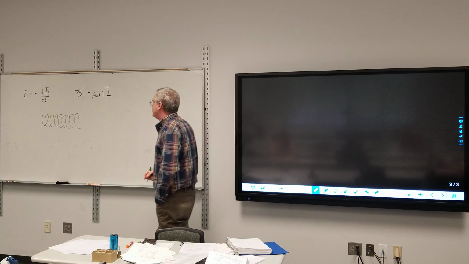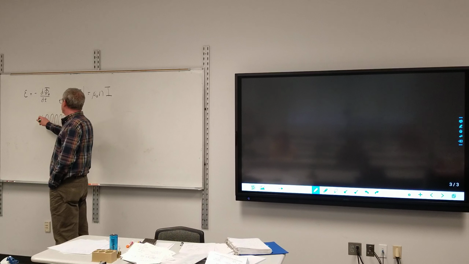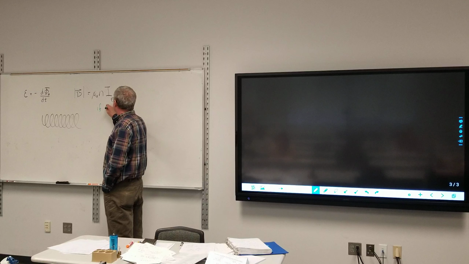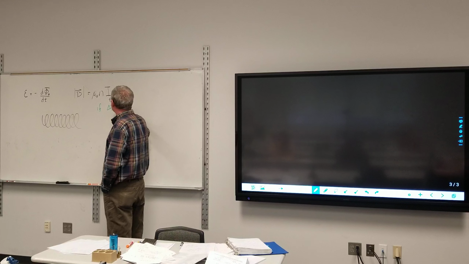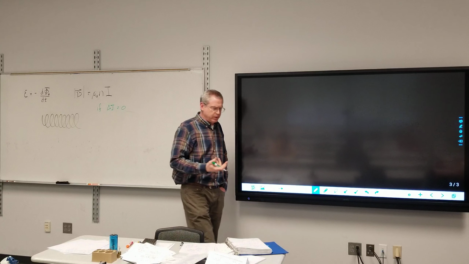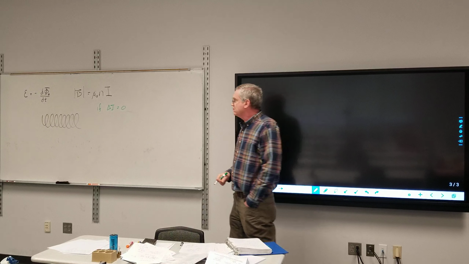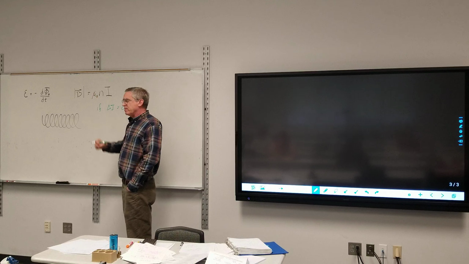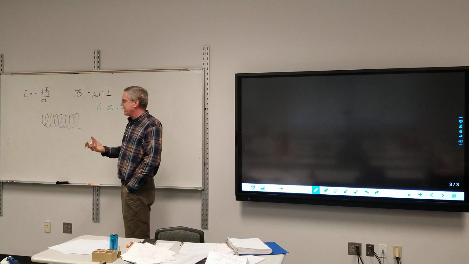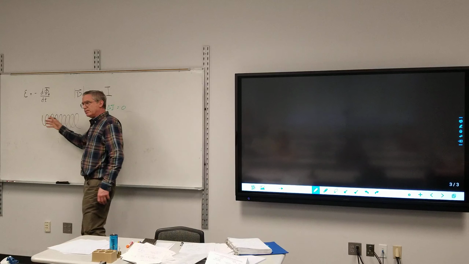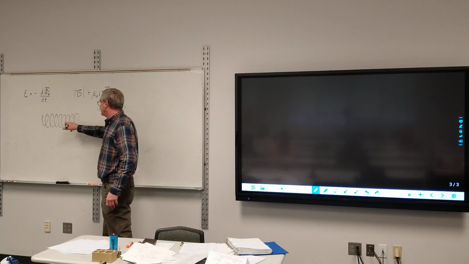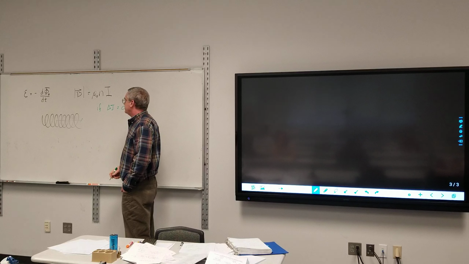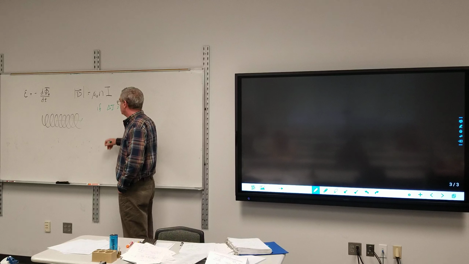So if I have a solenoid here, and my current changes, so if delta I is not zero, in other words, I have a solenoid in a circuit and I just turn it on, then I will have a change in my magnetic field, therefore a change in my magnetic flux in the middle here, because this is the magnetic field inside the solenoid, assuming an ideal solenoid.